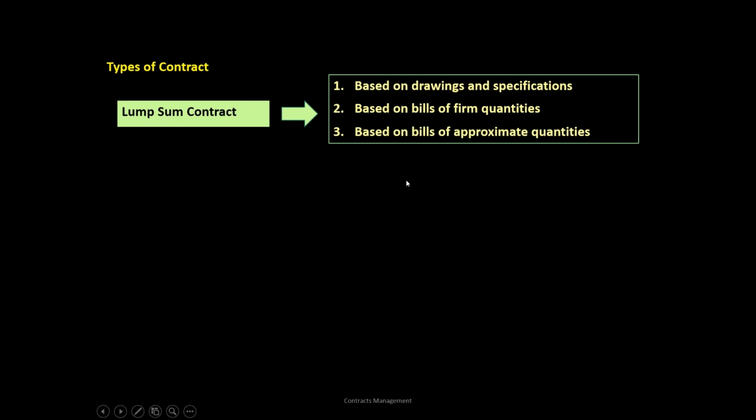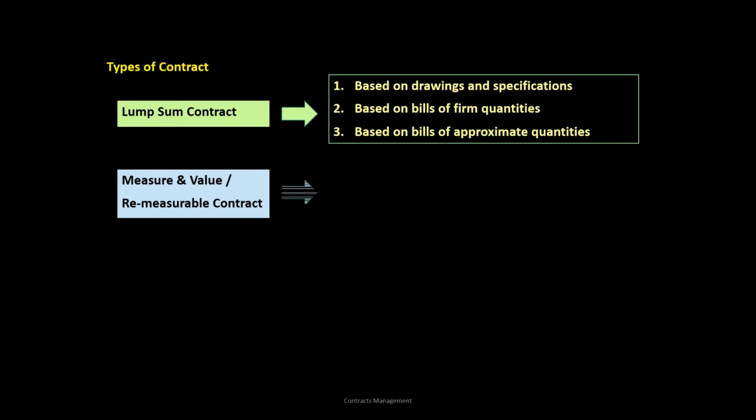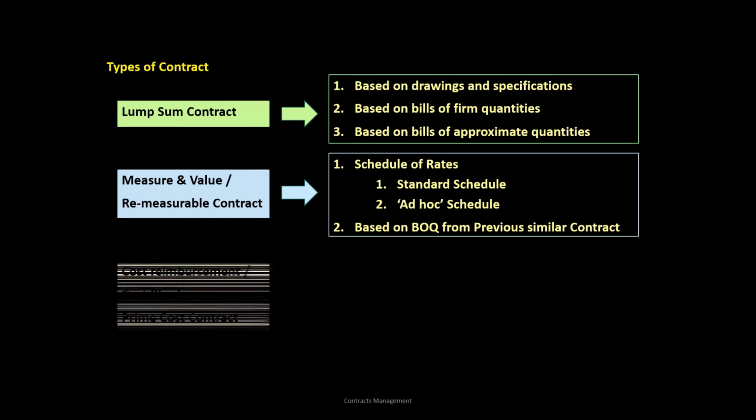The third variant, what we understood in the last class, is just a theory, and this is no longer a valid theory. The second, we are going to study today, is the measure and value or remeasurable contract. There we will see three variants. The first two variants come under the schedule of rates, and the third one is based on the previous similar contract.